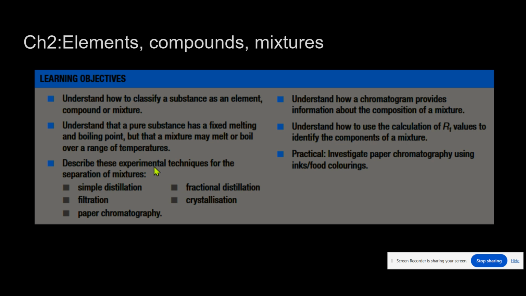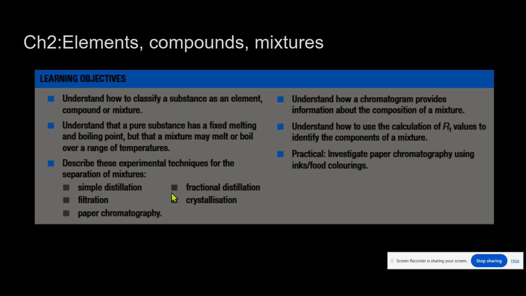Describe these experimental techniques for the separation of mixtures. We talked about separation of mixtures by physical means. Separating a compound, such as separating carbon and oxygen from carbon dioxide, is a chemical means. It's very difficult. The separation of a mixture by physical means is easier.